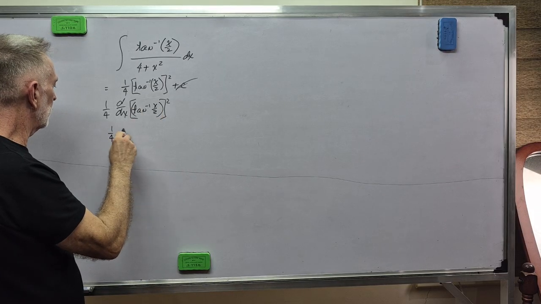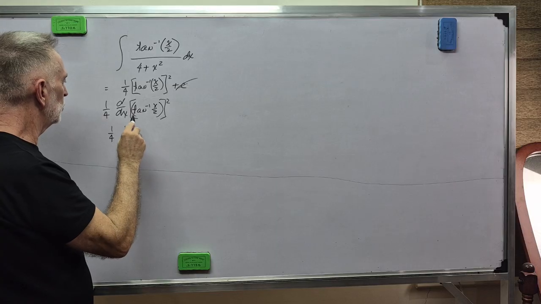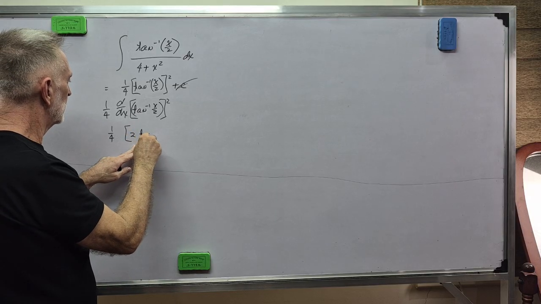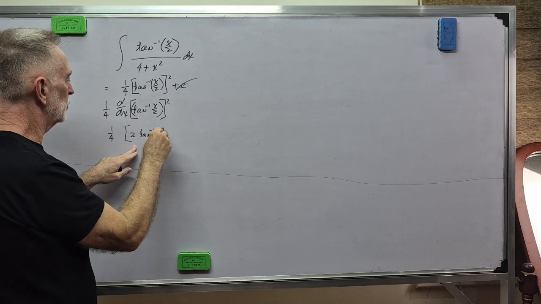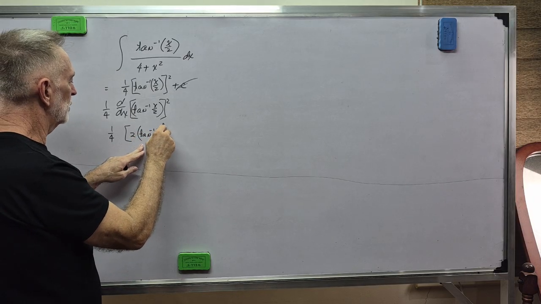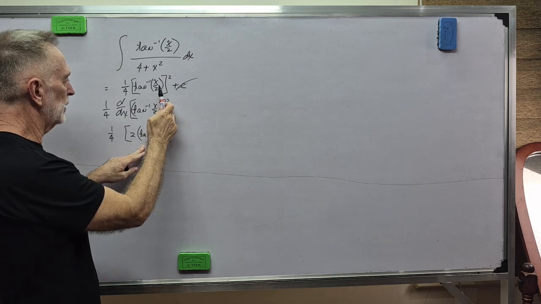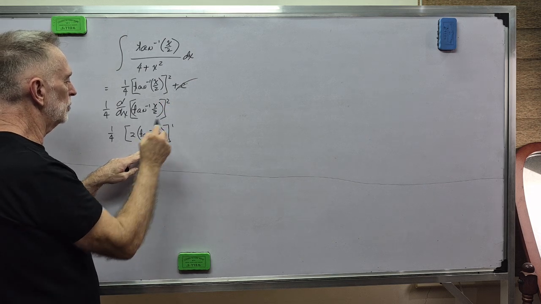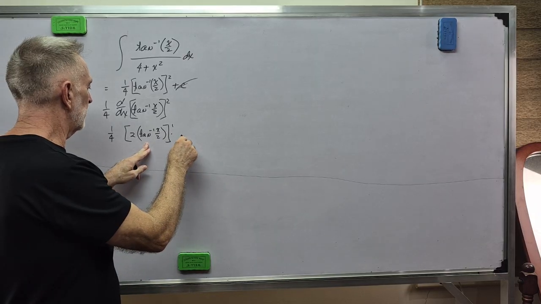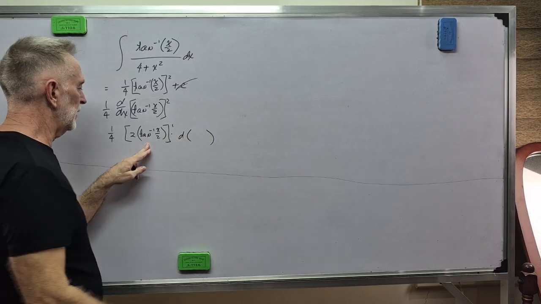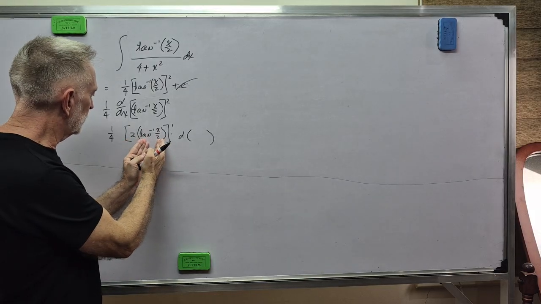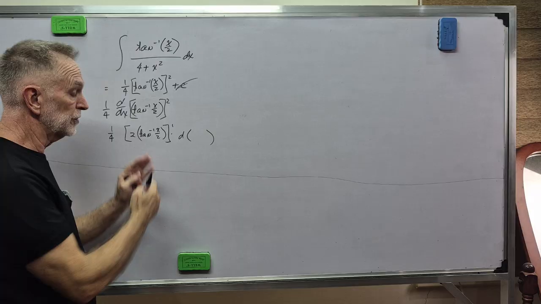So I have 1/4 times 2 times tangent inverse x over 2, times, and then we decrease the exponent by 1, so 2 minus 1 is 1. Now times the derivative of what's on the inside, which is the derivative of tangent inverse x over 2.